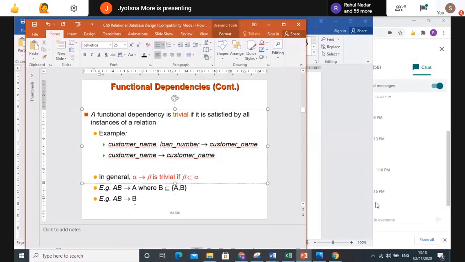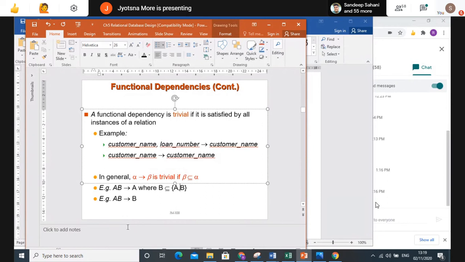Same way you can write for this also. So you will understand which functional dependencies are trivial and how to check whether they exist or not in a given dependency or in a relation.